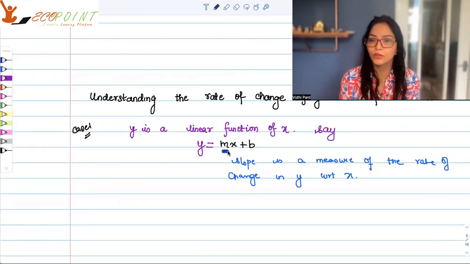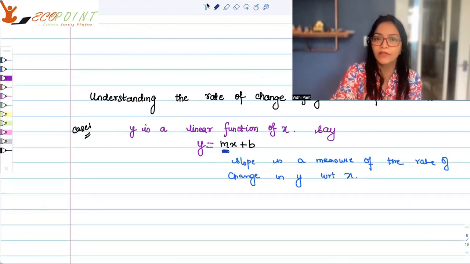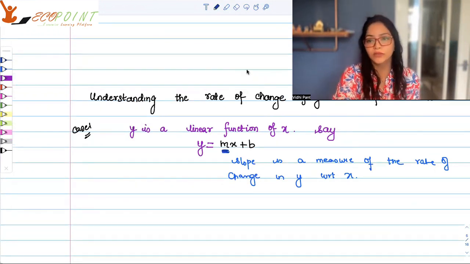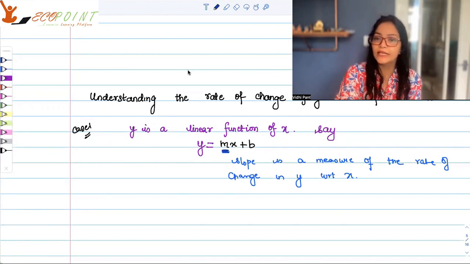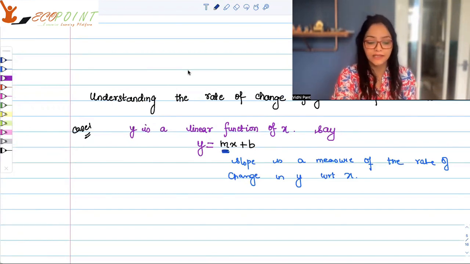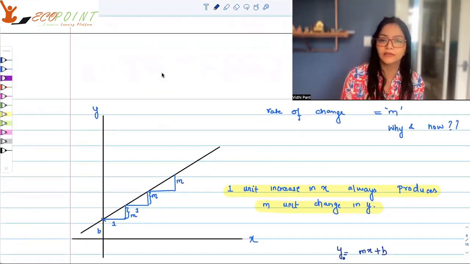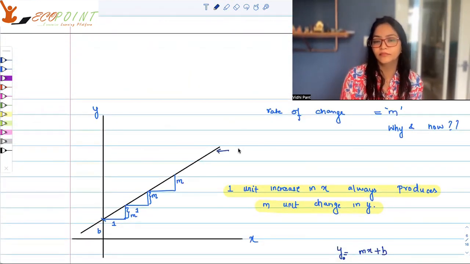And that's the slope that you can relate to, very easily, to y equals mx plus b. The slope is the measure of the rate of change in y with respect to x. This was case 1, where I took a linear function. A linear function gave you this line.